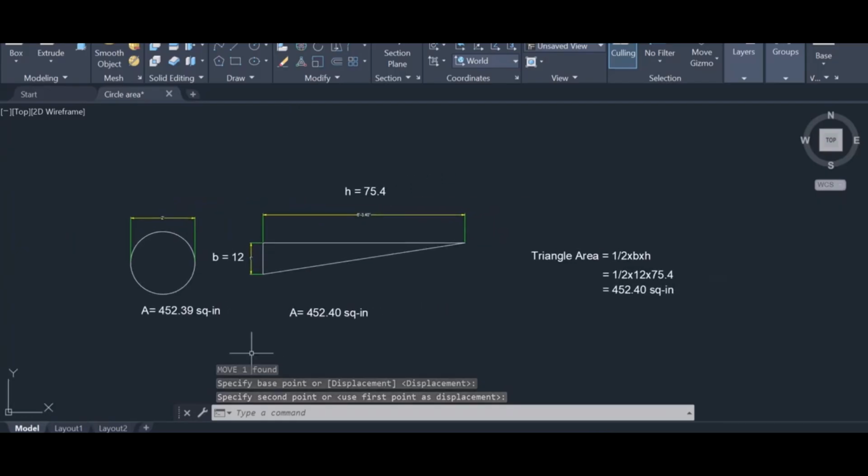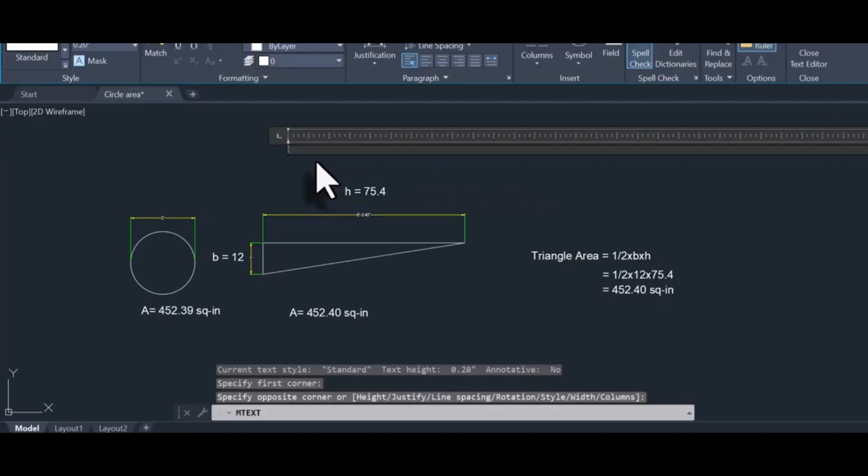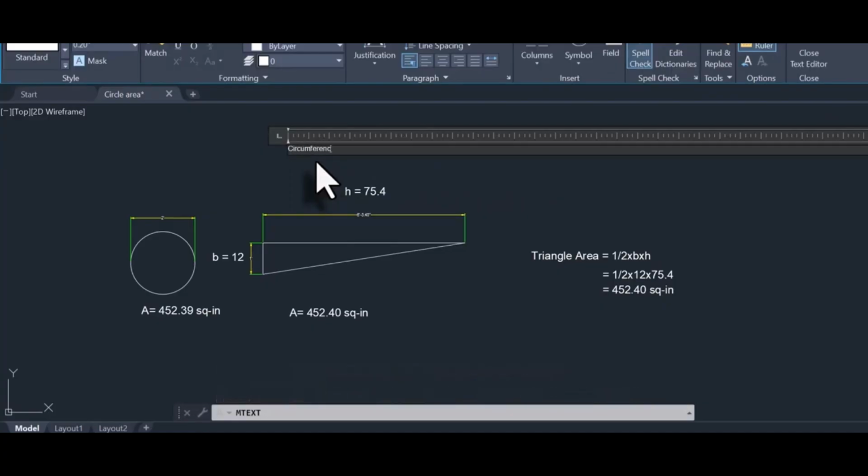So we can find the circle area with the circumference vector. Let's see circumference and circle from vector to find the circle area.